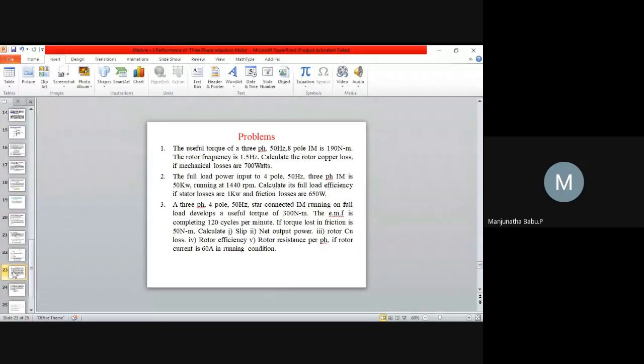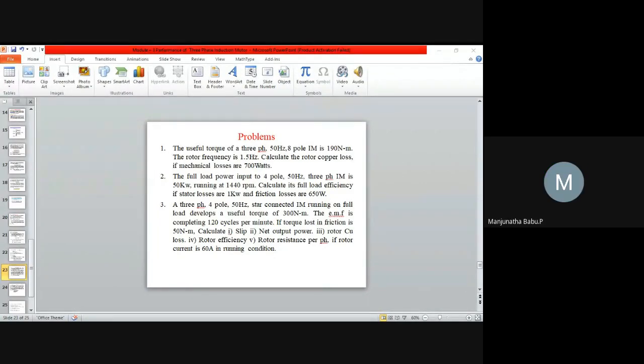Okay, that is regarding the second numerical. So let us go for the third numerical. Before going to that, are there any doubts with respect to the first and second numericals?